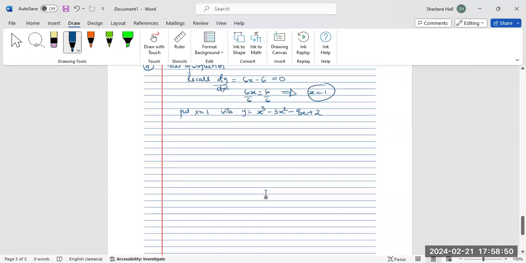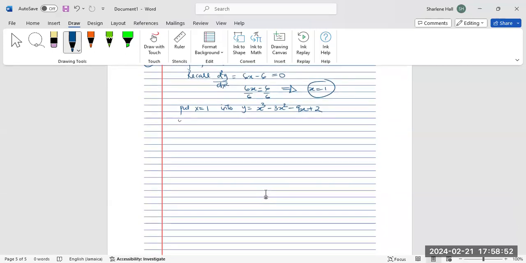Thank you, sir. So I'm going to have y equals 1 cubed minus 3 times 1 squared minus 9 times 1 plus 2. 1 squared is 1. 1 times negative 3 is negative 3. Negative 9 times 1 is negative 9. Plus 2. Negative 3 plus negative 9 is negative 12.